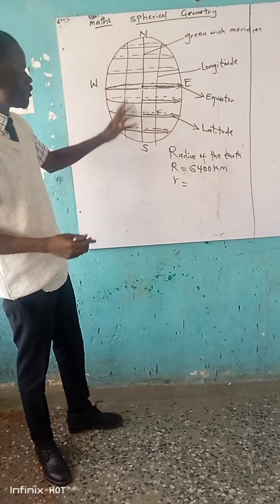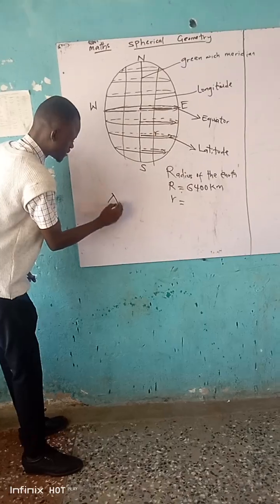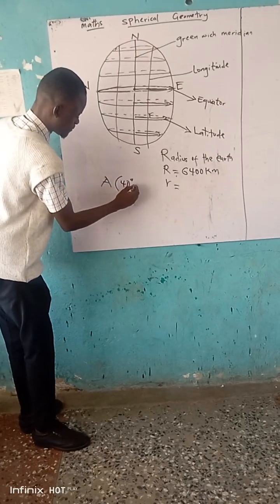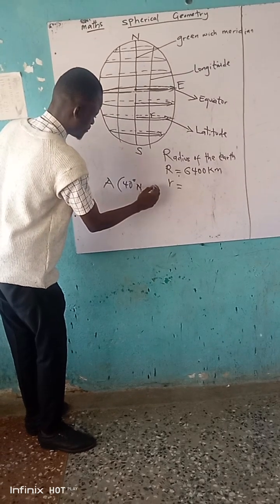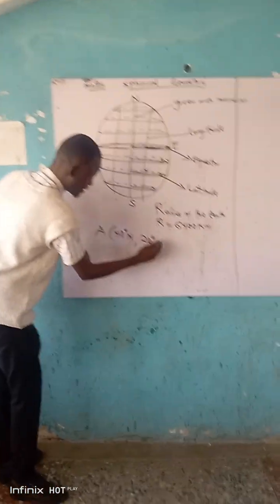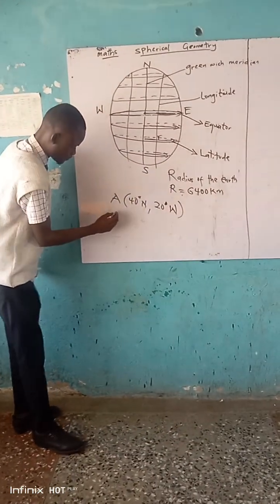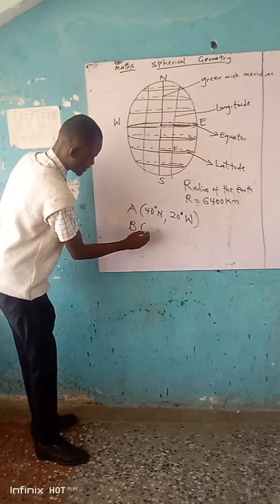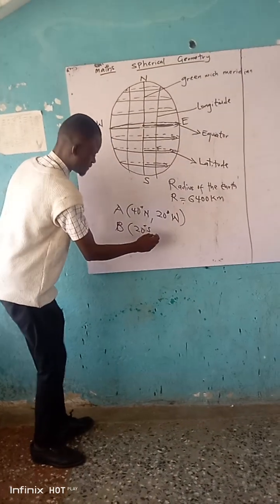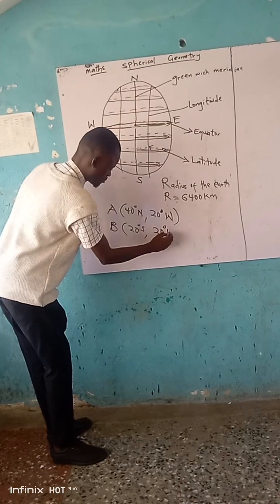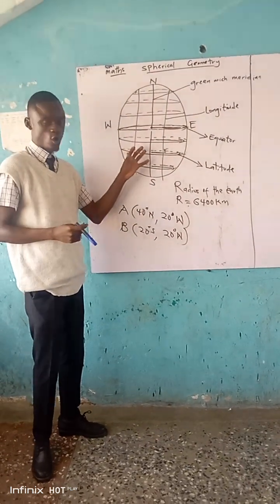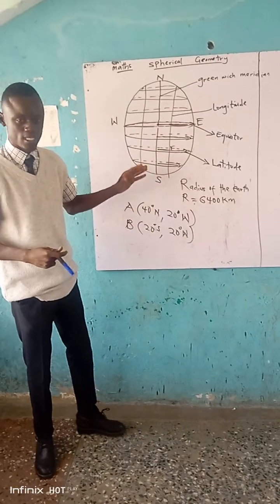For example, what I mean by locating a point is that if you have town A, which is 40 degrees north and maybe 20 degrees west, and you have point B, which is, let's say, 20 degrees south and 20 degrees west, how are you going to locate these two different points on your globe using the knowledge of your latitude and longitude?